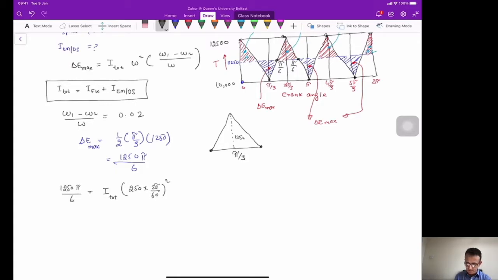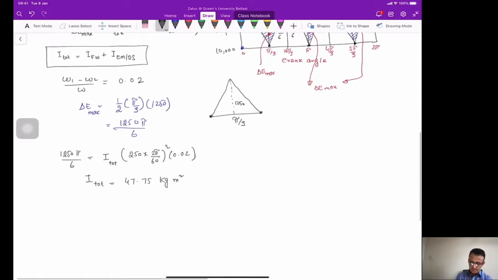And then you have omega 1 minus omega 2 divided by omega, which we know is 0.02. So from this equation, the only unknown is the moment of inertia for the total system, and this will become 47.75, and the unit will be kilogram meter square.